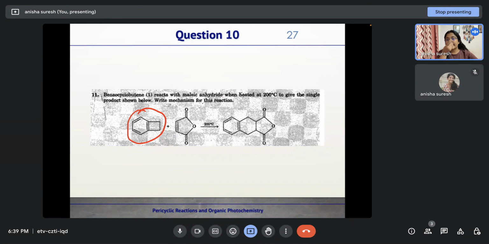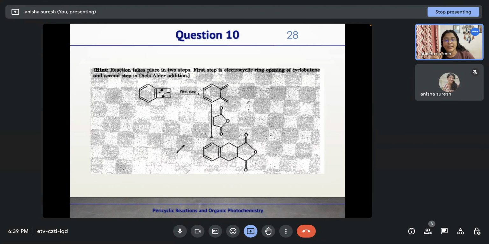So we have to write the mechanism of this reaction. First of all, this reaction will be going through two steps. First, there will be an electrocyclic ring opening of this system, leading to formation of a diene, and that diene will undergo a Diels-Alder reaction with this maleic anhydride, leading to formation of this product.